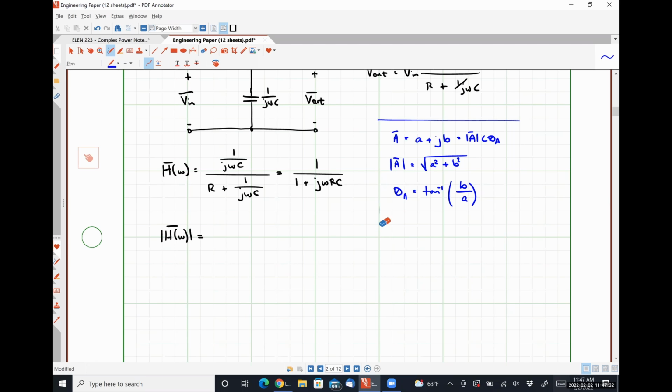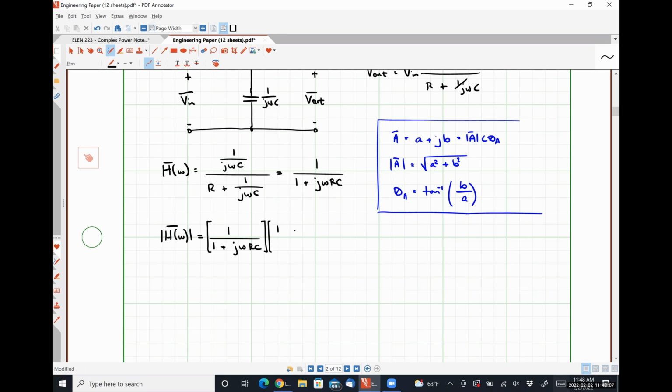So what I'm going to do here is I'm going to take my complex number 1 over 1 plus j omega RC, and I'm going to multiply this by 1, but a very special one that is the complex conjugate of the denominator over the complex conjugate of the denominator.